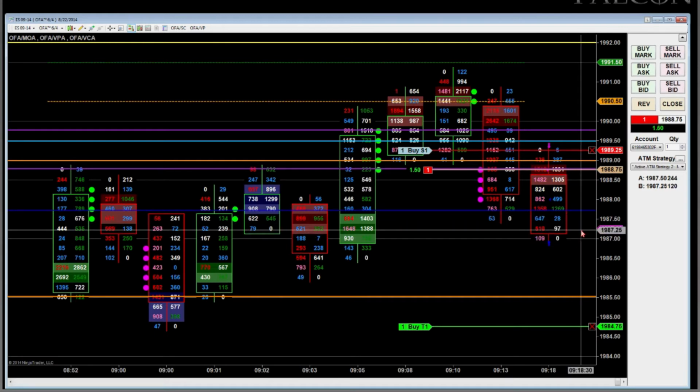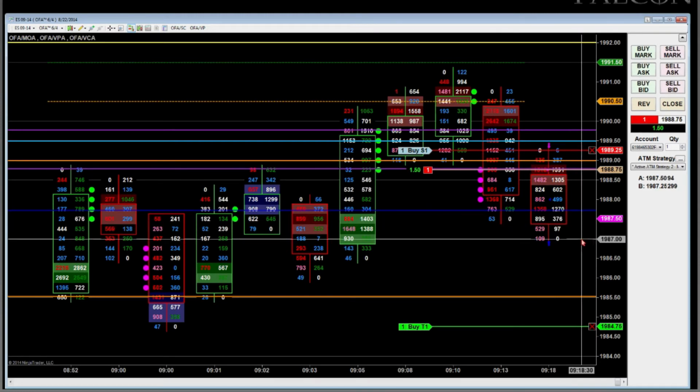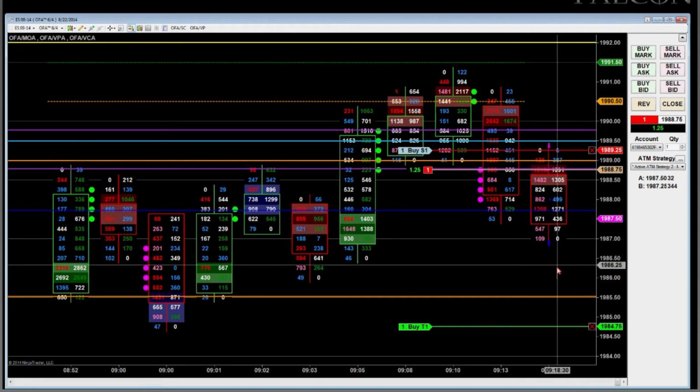In fact, I would expect to see maybe a little bit more strength at the offer here at 87.25, maybe 87.50. But if we start getting down through 87, then I would feel pretty comfortable with 86.25, 85.75. I'll just keep watching the auction at that point.